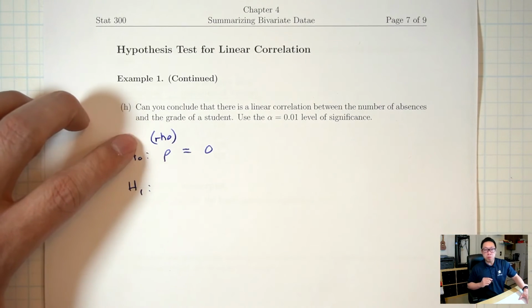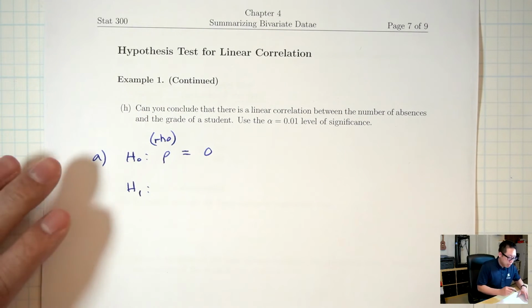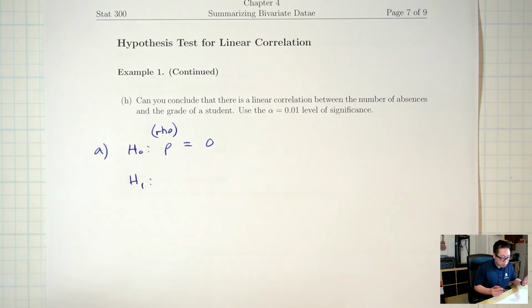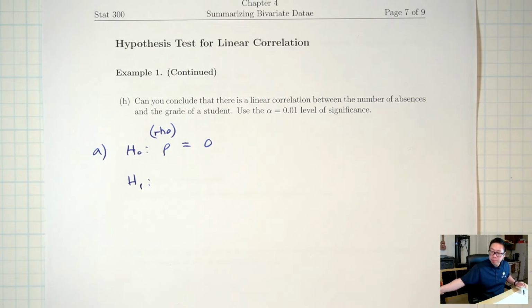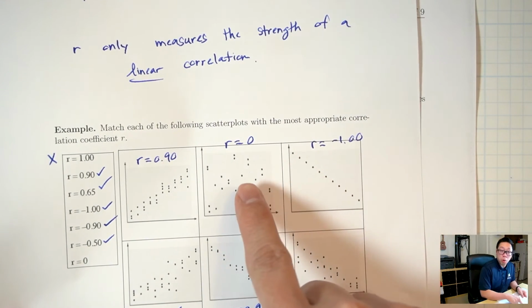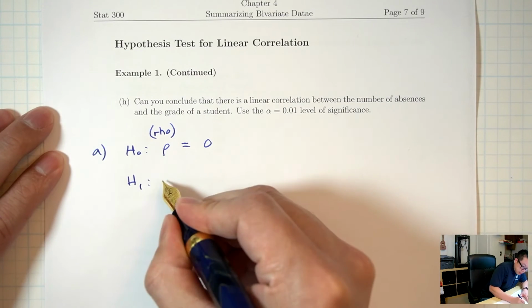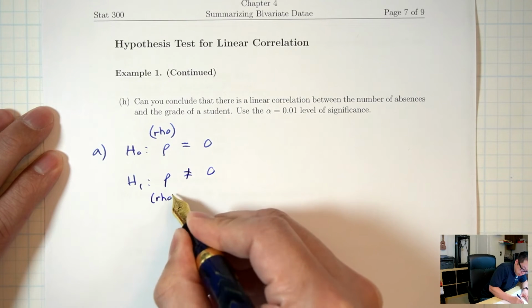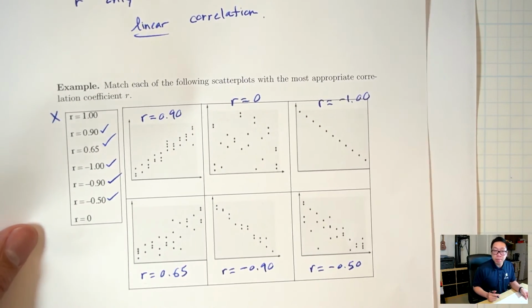On your lab, I'm going to use the word rho instead of the symbol because the symbol looks like a P. Rho is the Greek letter for R, so you can think of this as R, right? H0 is saying that R is 0. In other words, there's no correlation. H1 is saying that rho is not equal to 0. In other words, it's one of these other pictures, which is saying that there is some correlation.